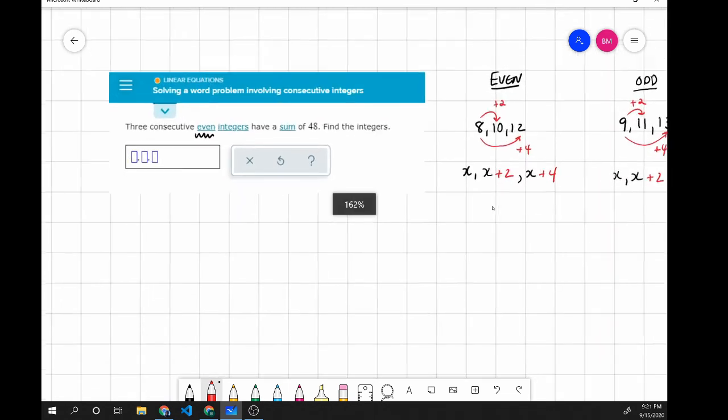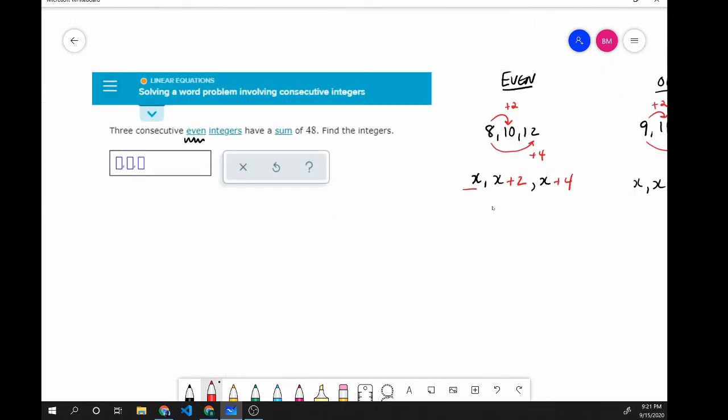All right, let's set up our equation. We know these are our numbers. So it's our first number, our second number, and our third number, and they have to have a sum of 48. So again, sum means add. So x plus 2 plus x plus 4 all equals 48.